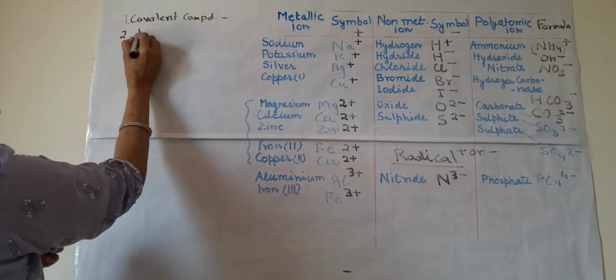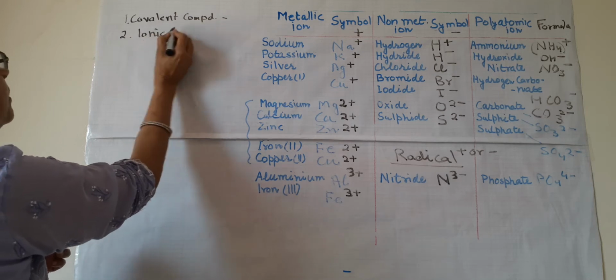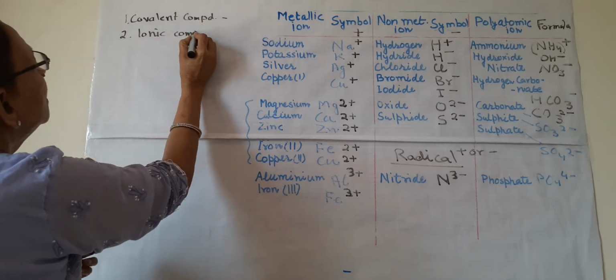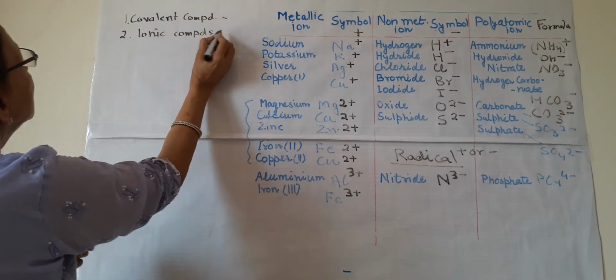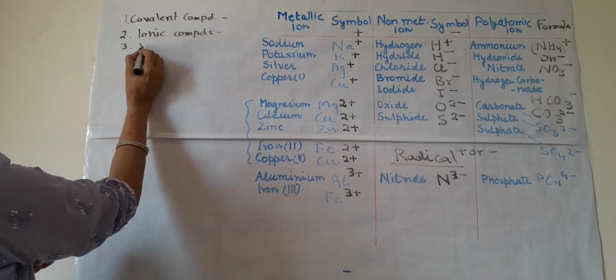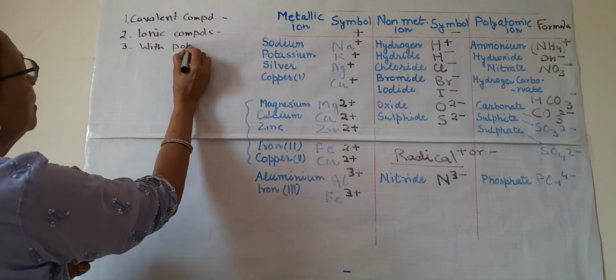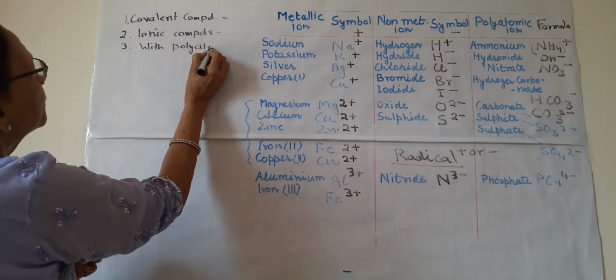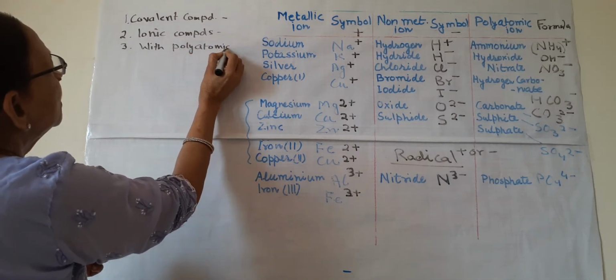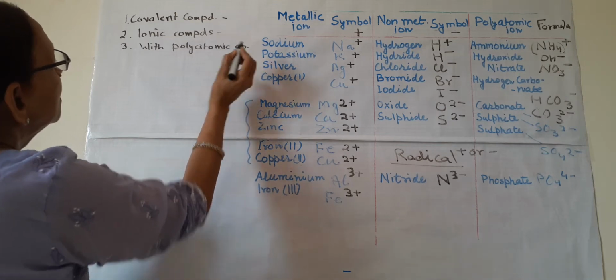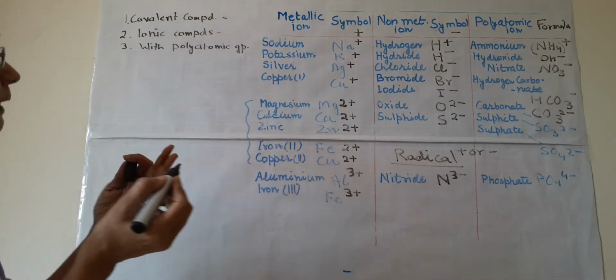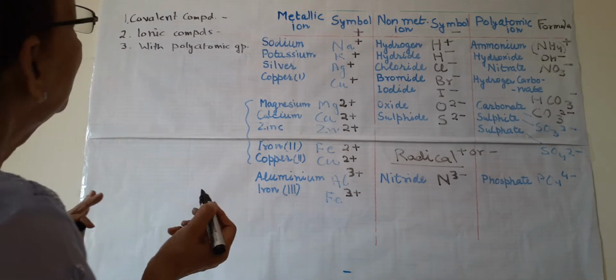The second is ionic compounds, and third is compounds with polyatomic groups. So we will write formula in these different heads.